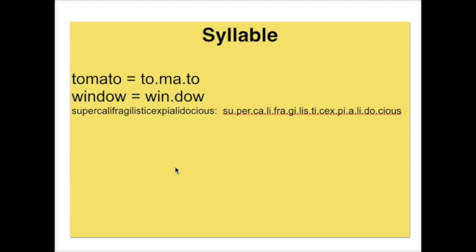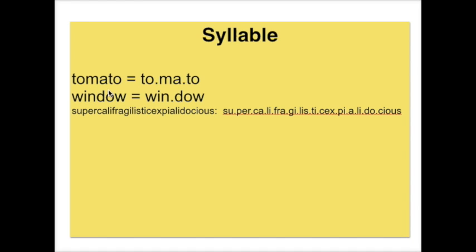So a syllable is when we break a word down into vowel sounds, and this is not the A, E, I, O, U. I think there are about 24 different vowel sounds that the mouth can make when we're using spoken language. So tomato, we have 3 vowel sounds.